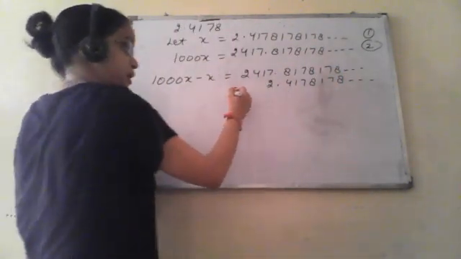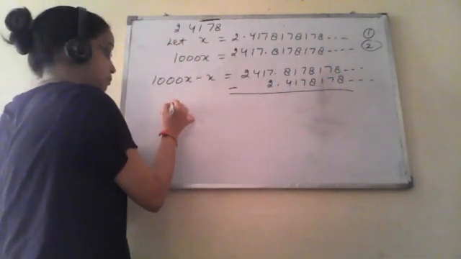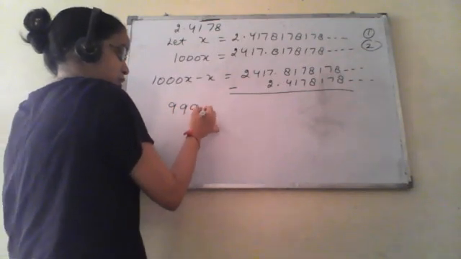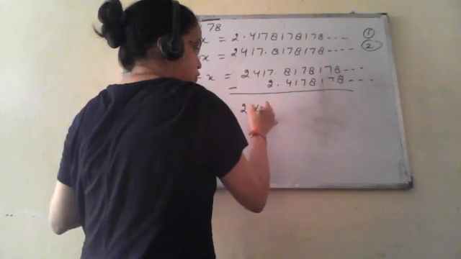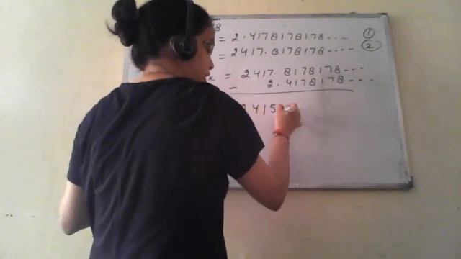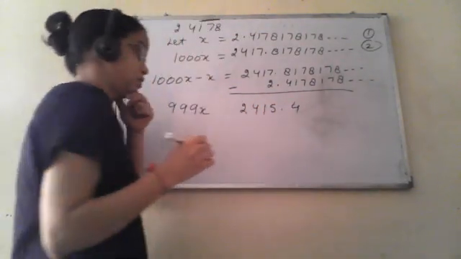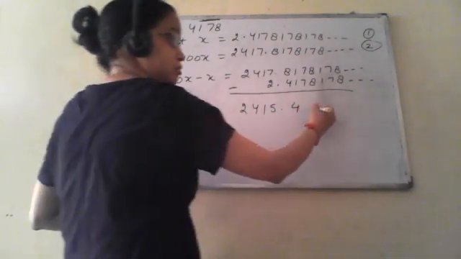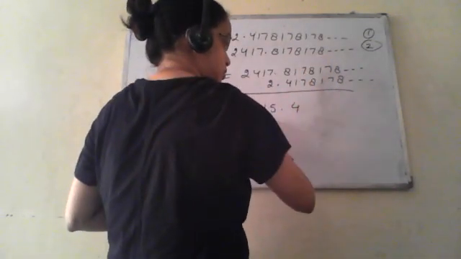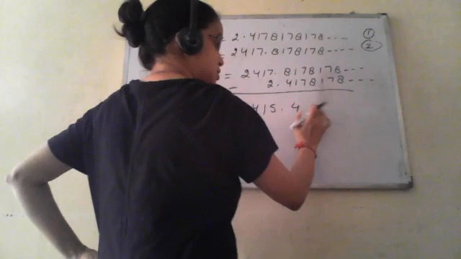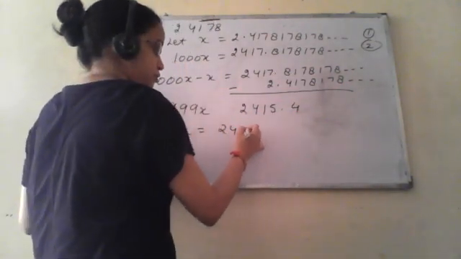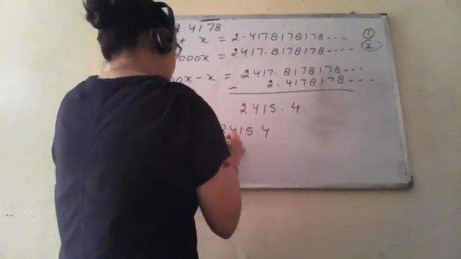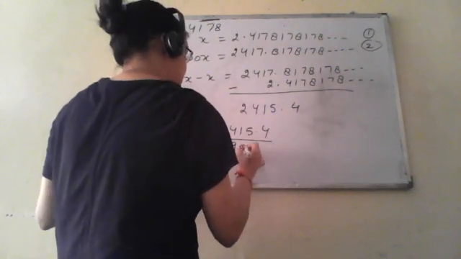So when we subtract, it will become 999x, clear, and this will become 2415.4. So this x will be equal to 2415.4 upon 999.